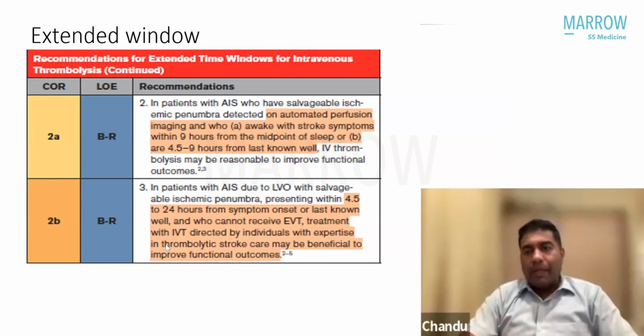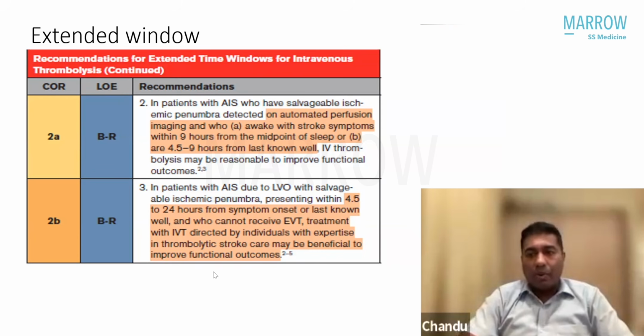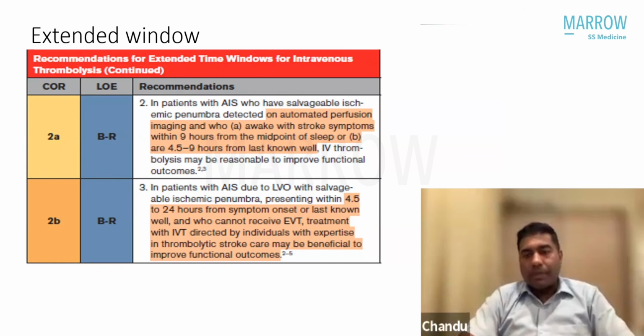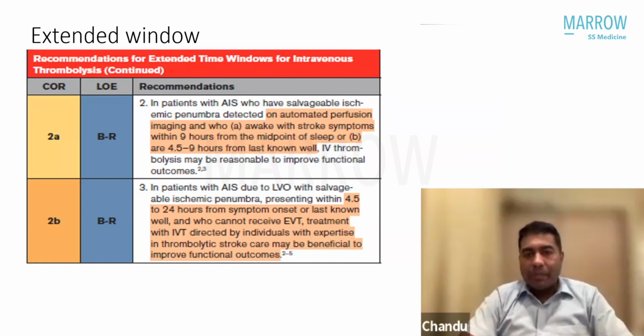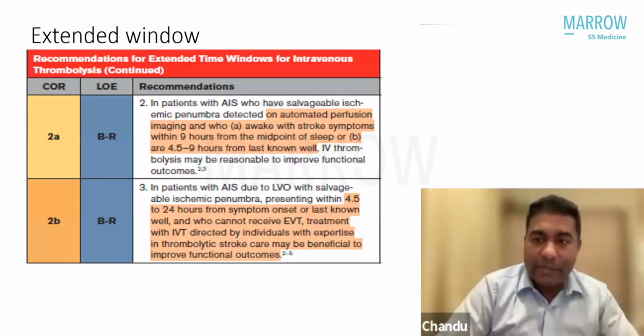So there should be a dedicated radiology team and software available in all hospitals for looking for the perfusion mismatch or diffusion perfusion mismatch. I think in most hospitals, it is not practically possible to have this automated perfusion imaging. So that is the risk point of the latest criteria.